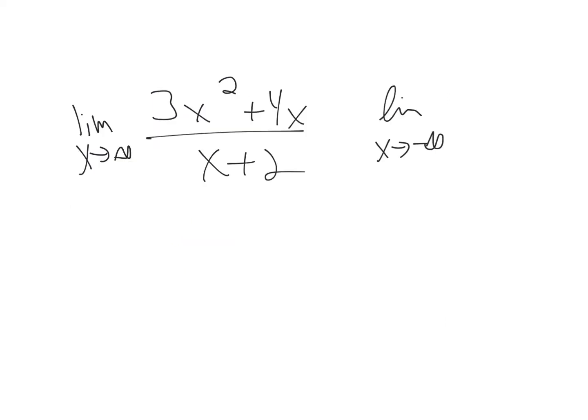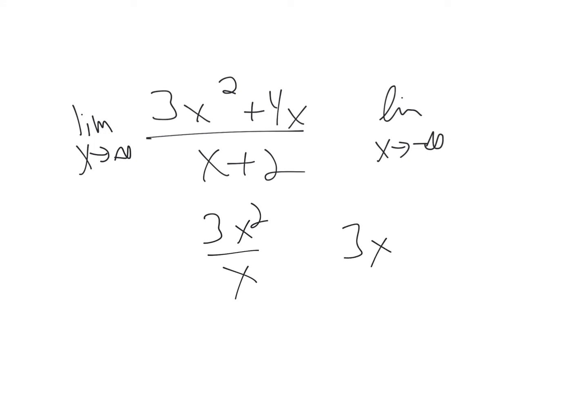Now for this rational function, do you see how the numerator is bigger than the denominator? So the top is growing faster than the bottom. Again, as I go out to infinity, the 2 doesn't matter, the 4x doesn't matter because the square grows faster. So I'm really left with 3x squared over x, and then I can cancel out an x.